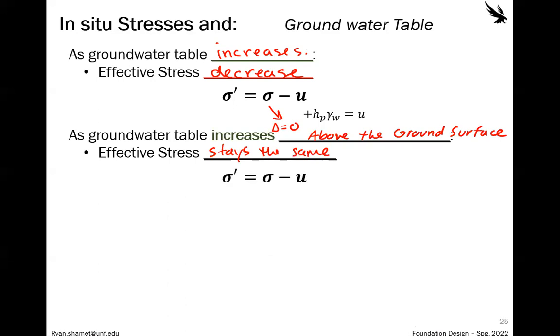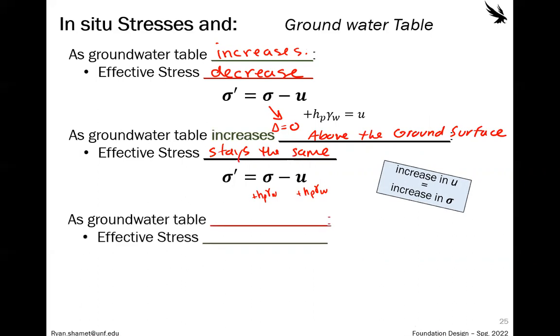The reason is that we are adding the same thing to both cases. We are adding the same HP to our total stress as we are adding to our effective stress. So those cancel out, and any increase in pore water pressure is equal to the same increase in total stress.